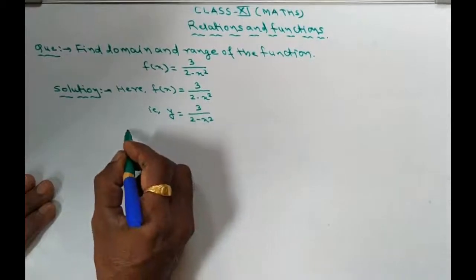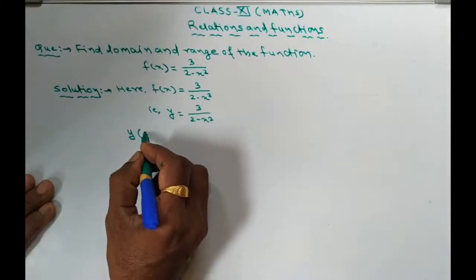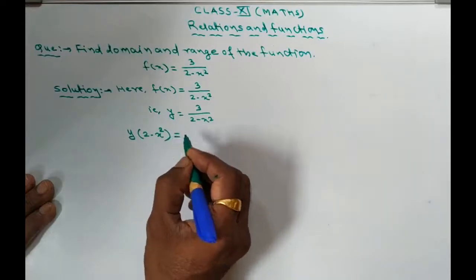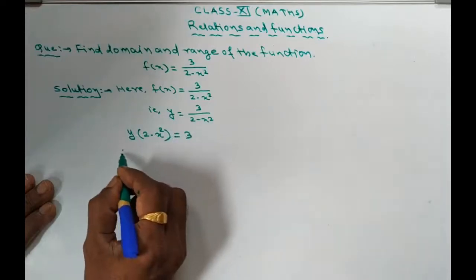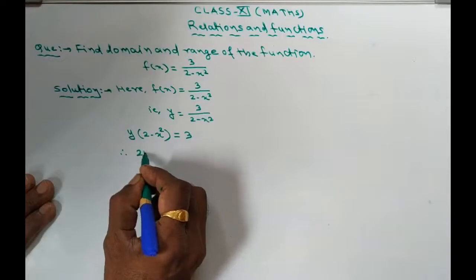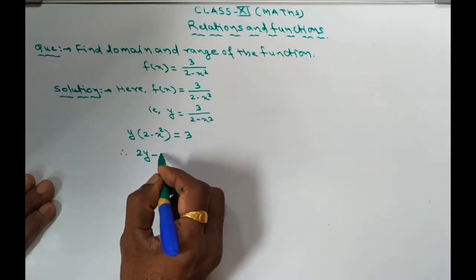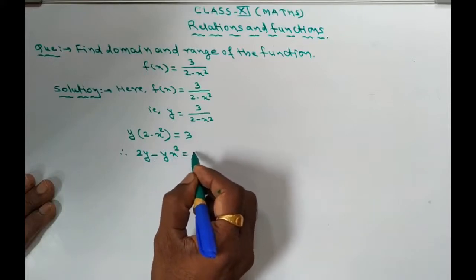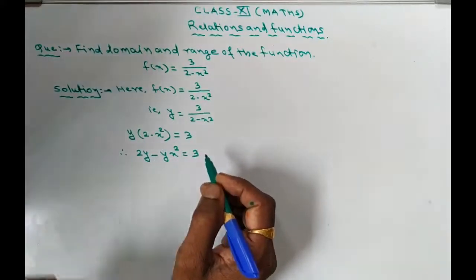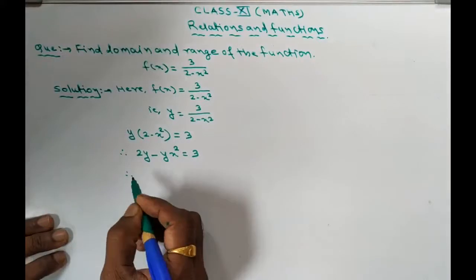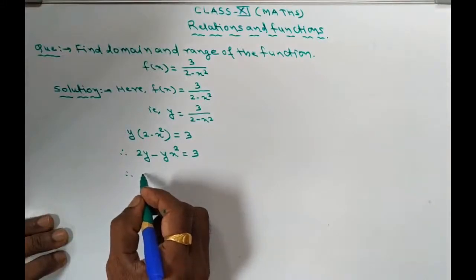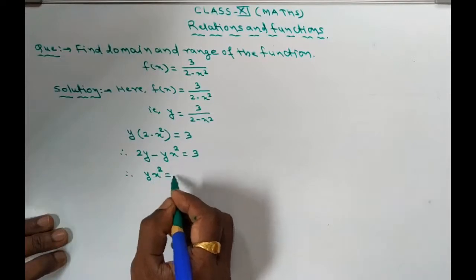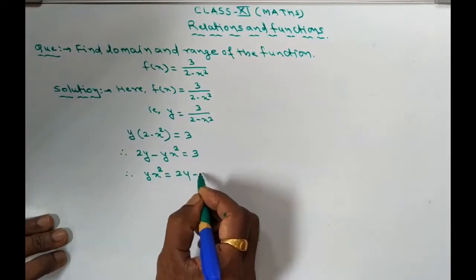So this will be y into bracket 2 minus x square equal to 3. Therefore 2y minus y x square equal to 3. Okay, therefore y x square equal to 2y minus 3.